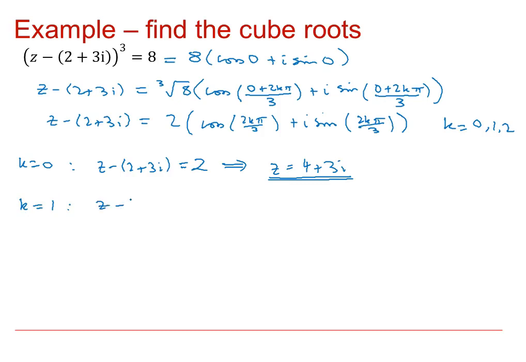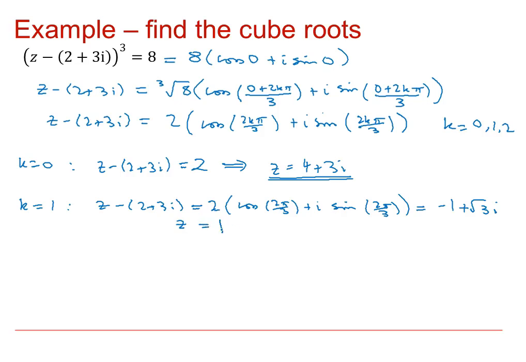So that gives us z minus (2 plus 3i) equals 2 times (cos 2 pi over 3 plus i sin 2 pi over 3), and when we simplify that, it equals minus 1 plus root 3 i, and then if we make z the subject, we'll have z equals 1 plus, and collecting the imaginary parts together, (3 plus root 3)i.